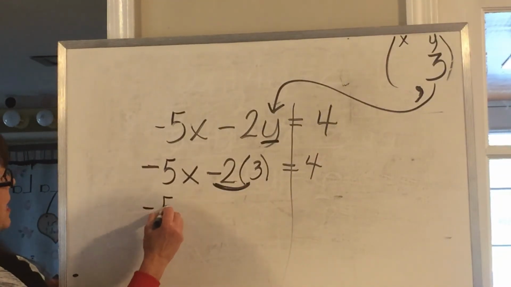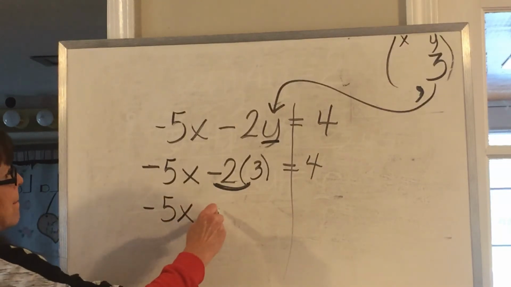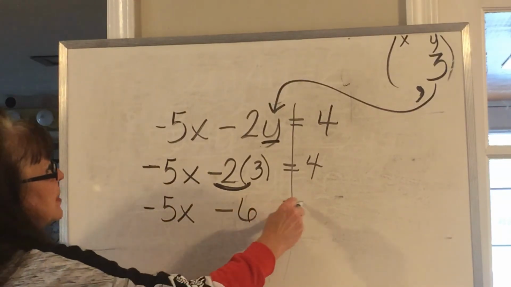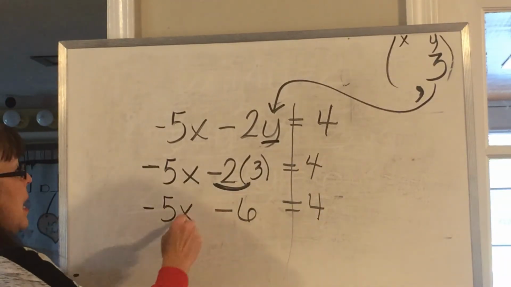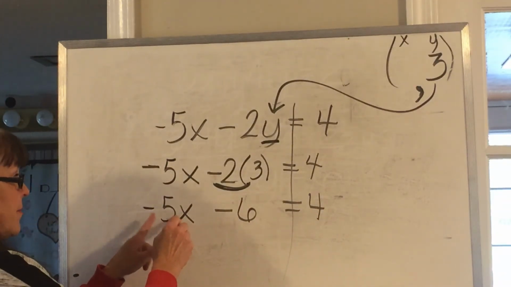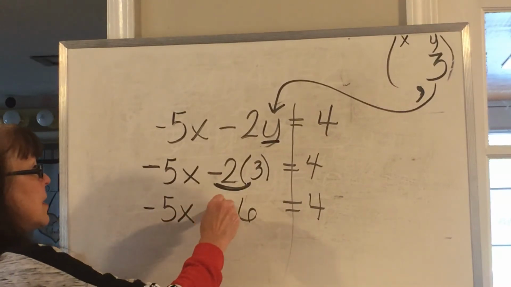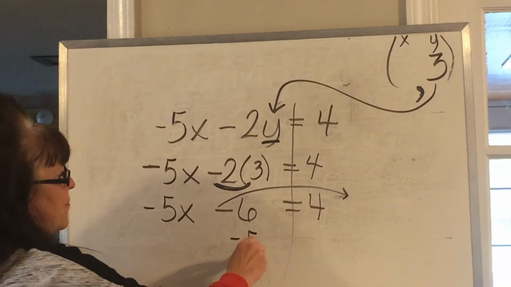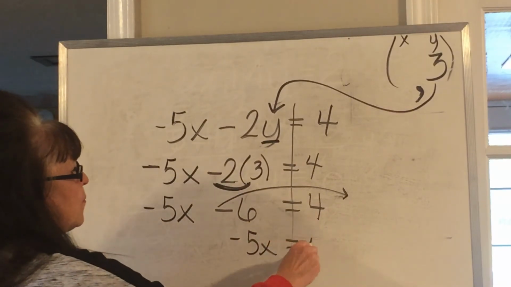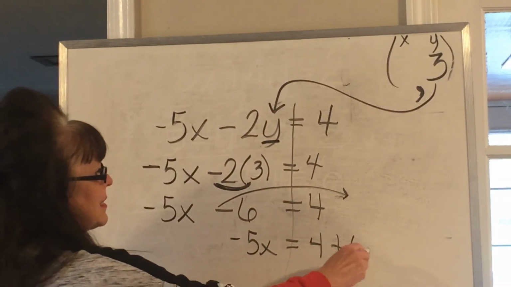So you're going to go negative 5x minus 6 equals 4. Now, keep your variables on the left. Numbers go to the right. Negative 5x equals 4 plus 6.